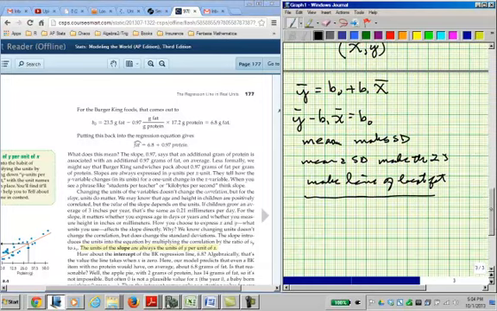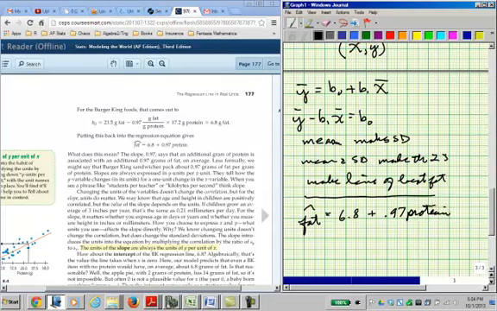And we end up with estimated fat equals 6.8 plus 0.97 of protein. Now what does this mean?